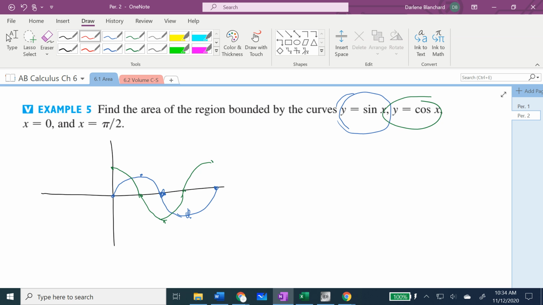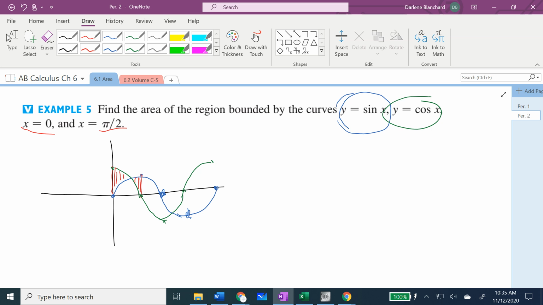It's about you being able to, through your drawing, understand what integral you need to set up. We're going from x equals 0 to x equals pi over 2. And it helps to draw vertical lines between the functions to be very clear to yourself about what the regions are.